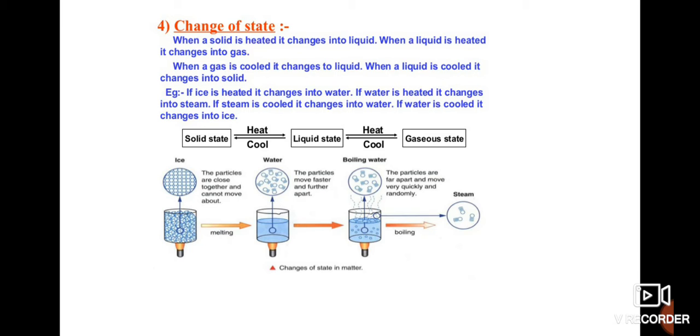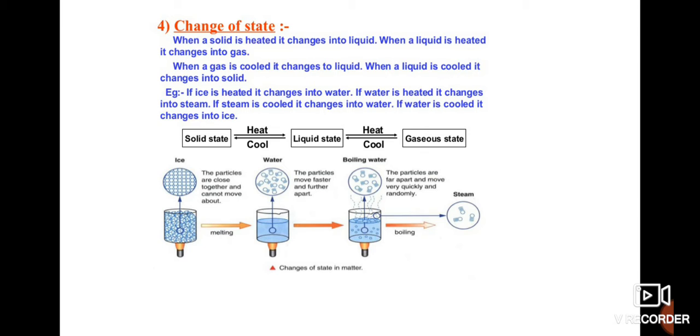Normally whenever we say that a state is changing, that means temperature and pressure both are responsible for changing the state of matter. When a solid is heated, it will change into liquid, whereas when a liquid is heated, it will change into gas.